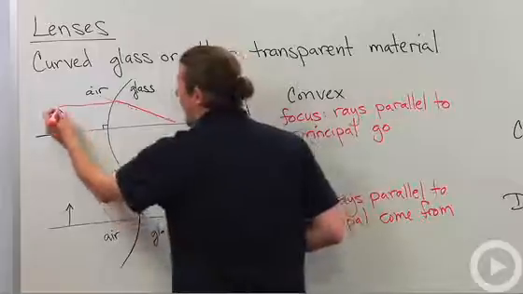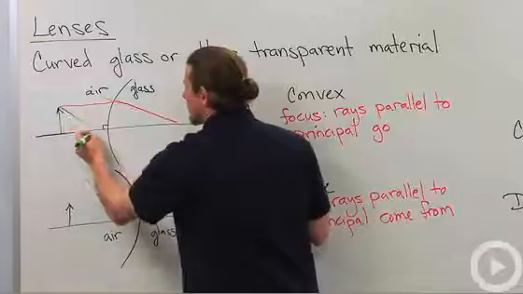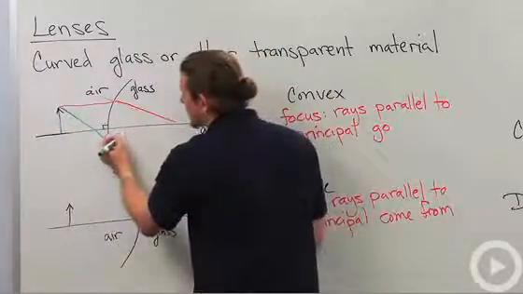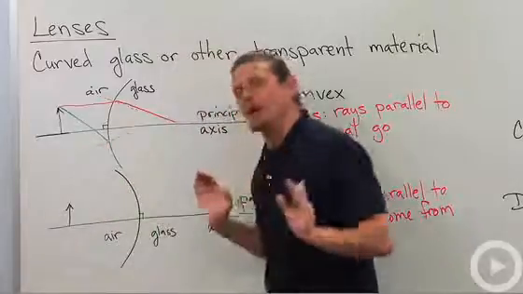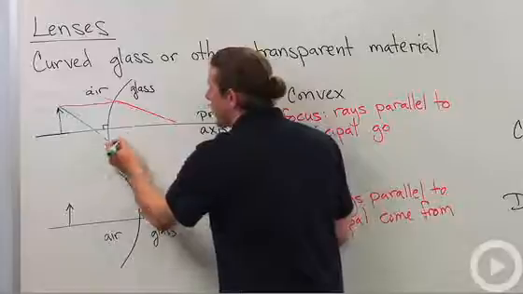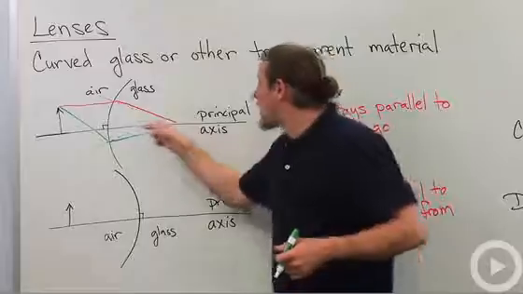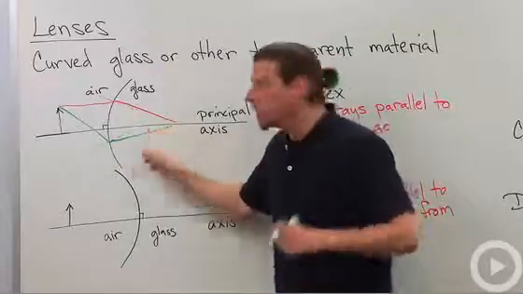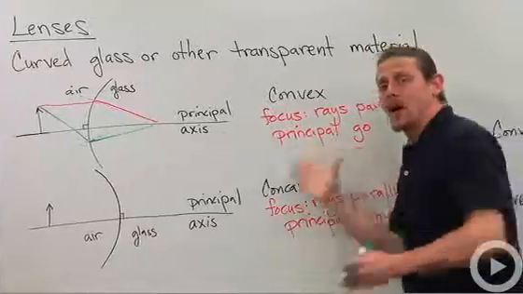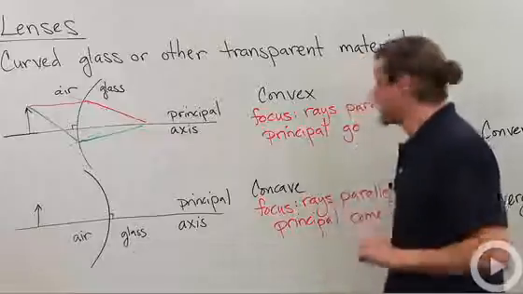All right, so that's fine. What about one that comes down like this? Well, down here, our normal looks like this. Remember, the normal has to be perpendicular to the lens. So the light is going to bend toward the normal. Notice what happens. The light beams are coming together. So this is going to give us light rays that come together and hit somewhere along the principal axis, it seems like.